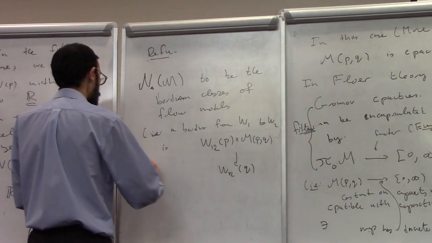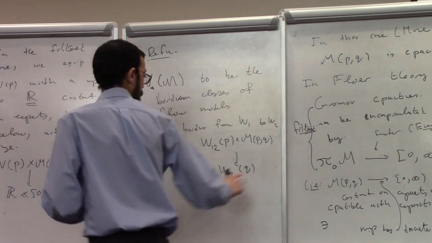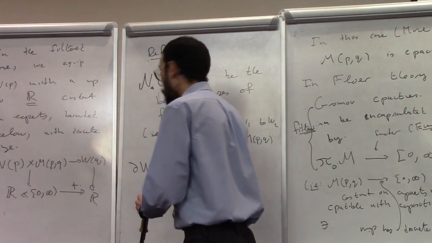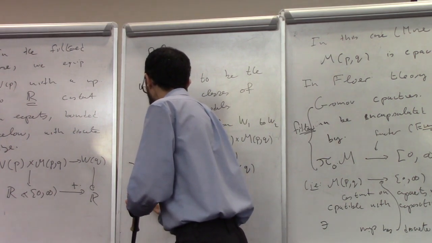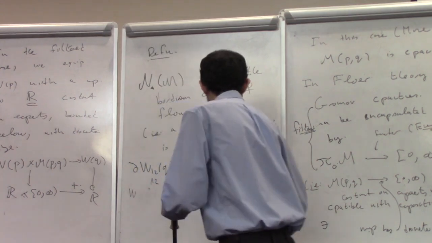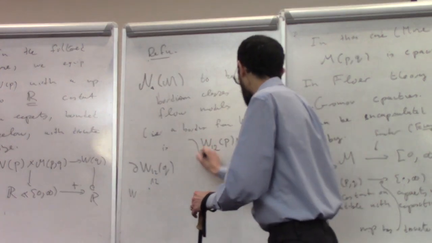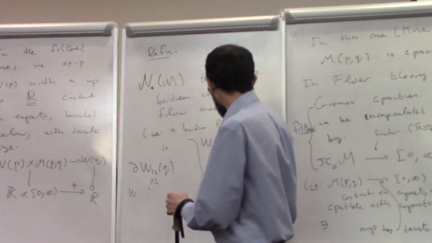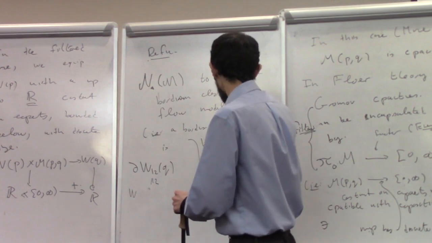When you take the boundary of W_12 of Q, it consists of two pieces. It's given by this map to the boundary. But the key thing is that the union of these over all P doesn't cover this.